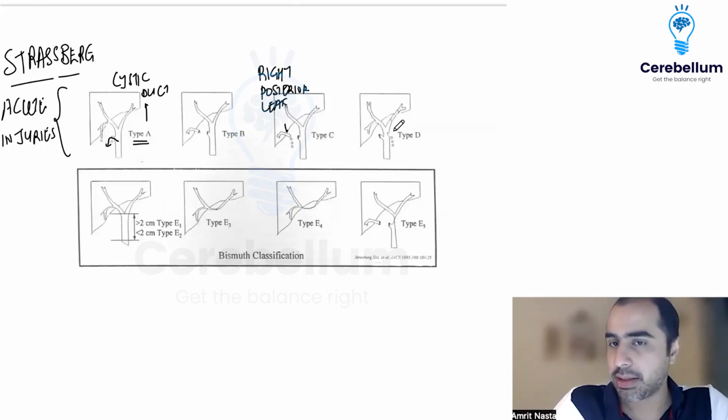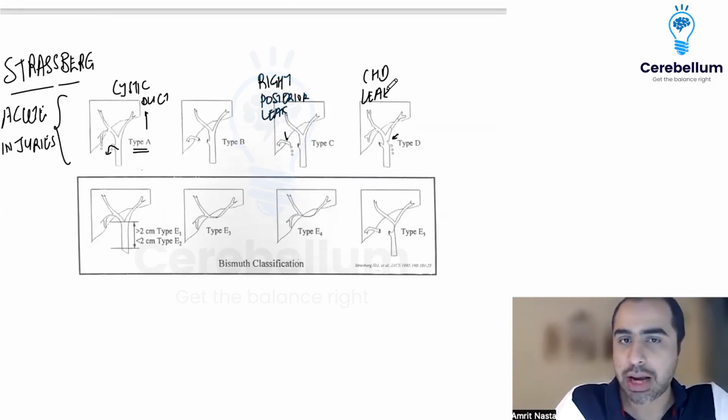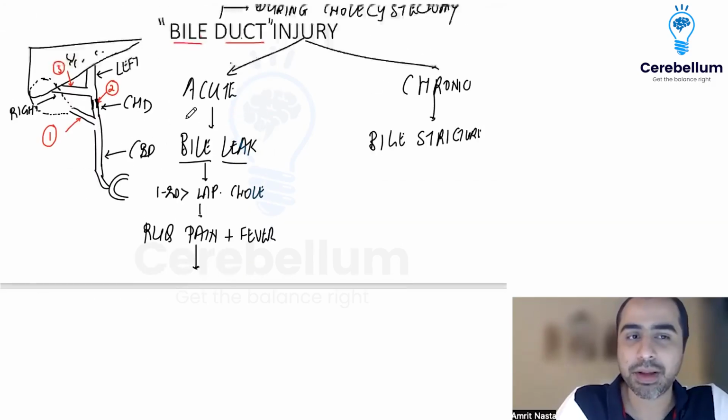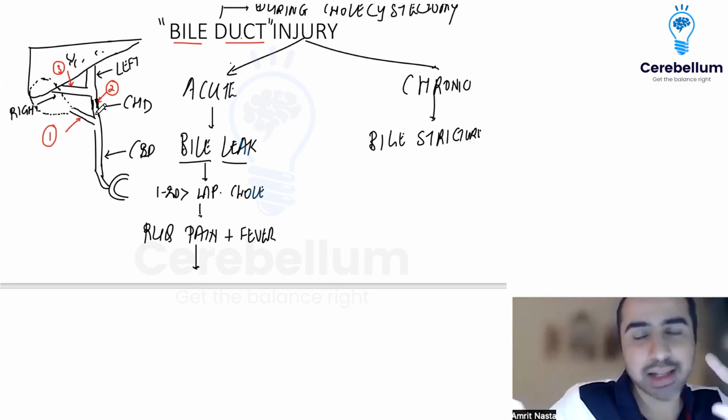And in type D, it is leaking from here. That is going to be CHD leak. Now you understand why I told you that the leak will happen from these three places only. Either cystic duct, right posterior duct, or common hepatic duct, which reflects in the Strasbourg classification.